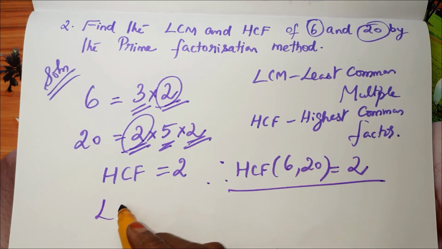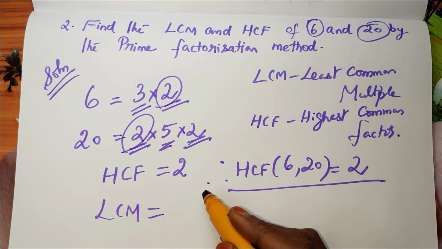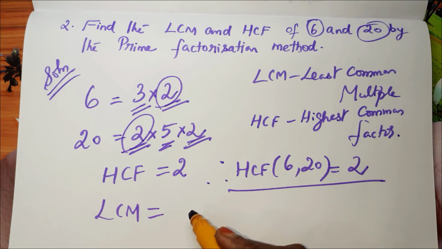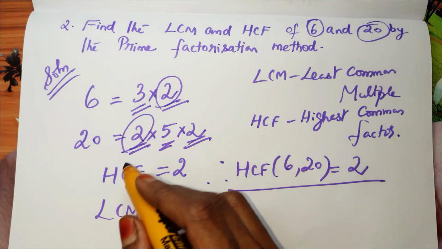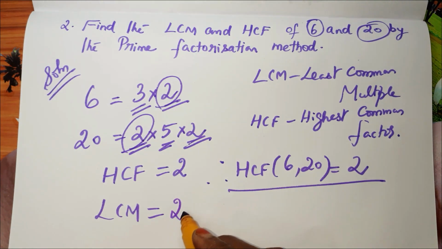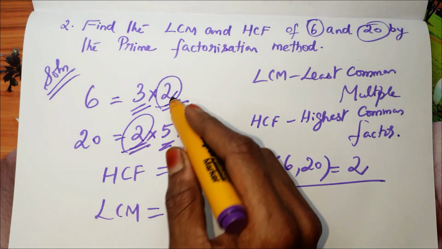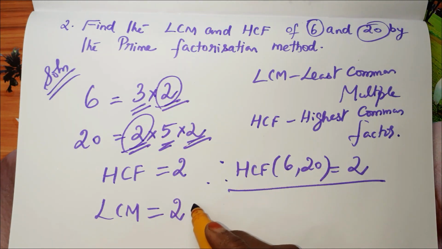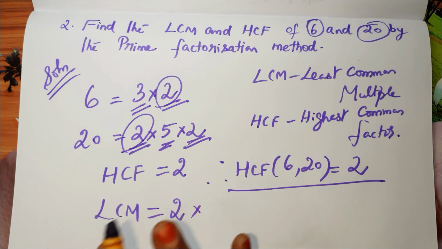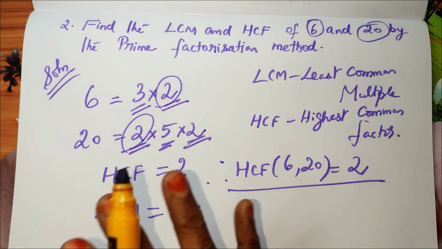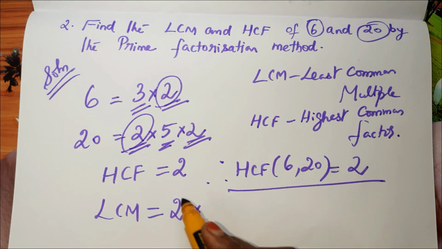Now come to the LCM. What do you mean by LCM? That is the least common multiple. So whichever number is common, we have to take that once. So 2 is common, which means 2 will come one time. And for the balance factors, we have to write them as well.